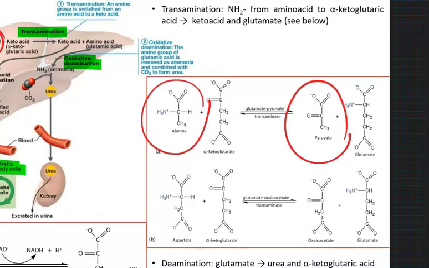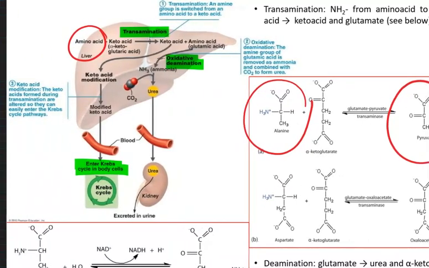Either get the products into the Krebs cycle or get them into glycolysis. Side products of oxidative deamination are ammonia, which effectively forms urea, and urea is excreted through kidneys. Why is this important?